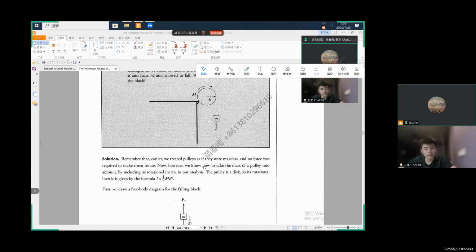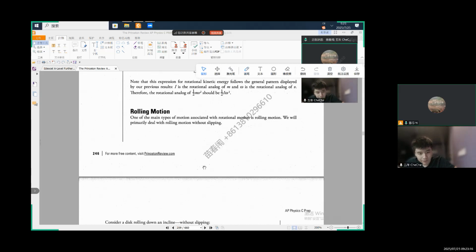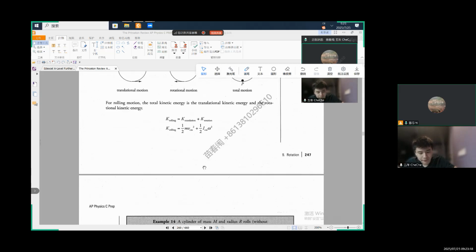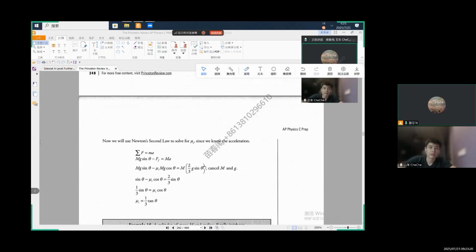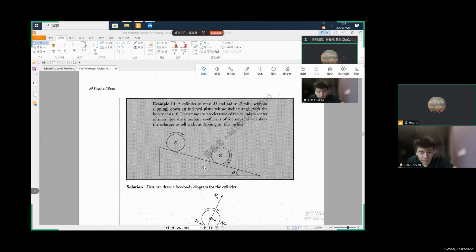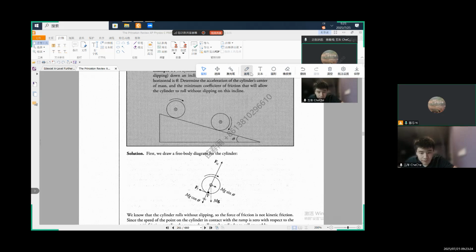So now we're using this, and also the cylinder is like a 1/2 thing. Let me write down. I alpha is becoming 1/2 mr squared, which is the cylinder thing, basically the center of the mass.